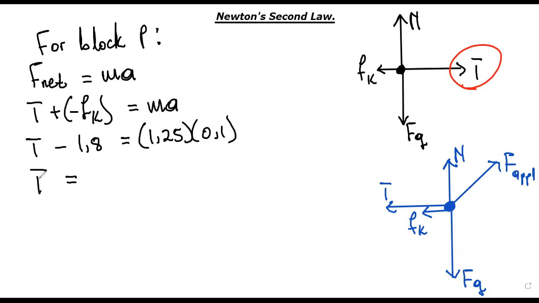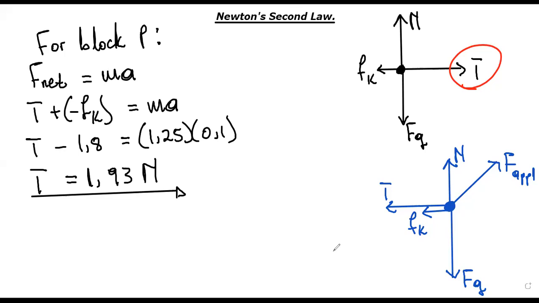Well, I'm just going to punch everything into my calculator. So here I'm going to transpose the 1.8 to the right. So when it gets to the right, it becomes positive. So the result here will just be 1.93 newtons. So this will be our tension force. Right. So they are happy now because we found the magnitude of the tension.